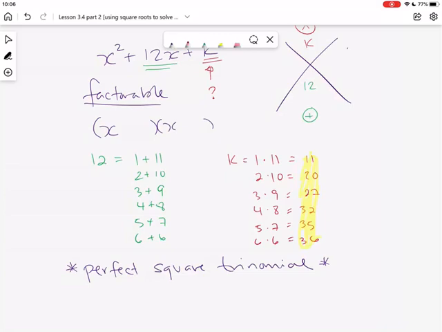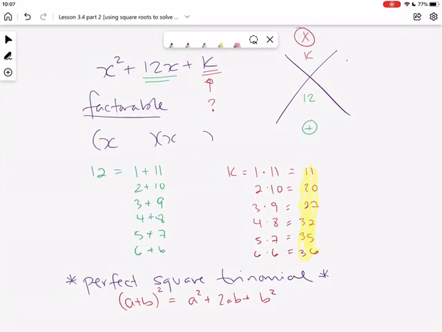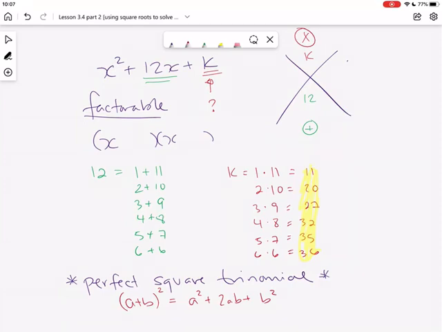So just remember that a perfect square trinomial is one that takes on this form, right? It's a binomial factor that is multiplied to itself, and it results in this form, right? So this is what we call a perfect square trinomial. So what would k have to be in order for that to be true? So have a think about what that might look like.